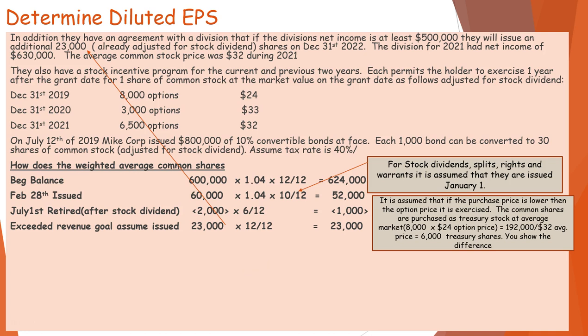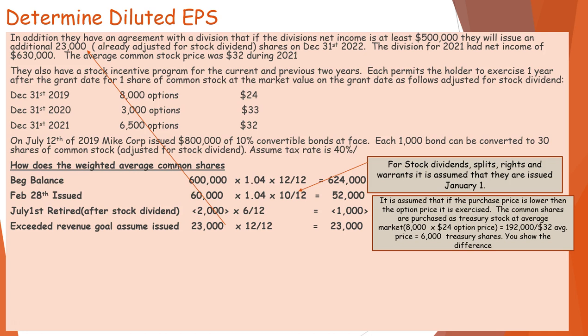So here's what we have to do. The common shares are purchased as treasury stock at the average market price. The average market price, as we know at this point, is $32. So we take our 8,000 shares times the $24 option price, which equals $192,000, and we divide by our average of $32, which means we're going to have 6,000.